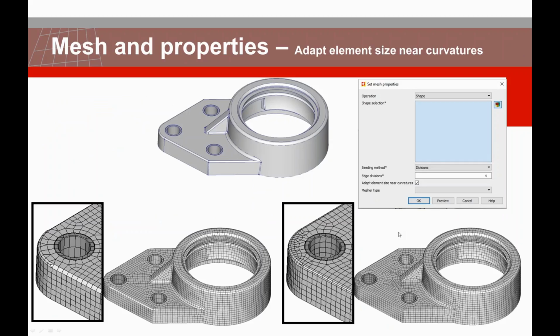To enhance the topology and quality of the mesh, we also have adaptive element size near curvature features. You can activate that when you want to mesh the model, and the program automatically increases the density of your elements around curvature or sharp edges.